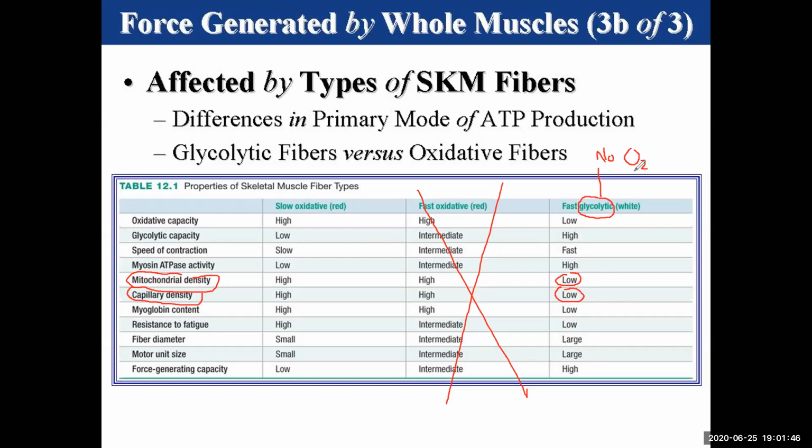If you don't have oxygen, then you don't really need proteins that store oxygen for you. Myoglobin content. That's a protein that stores oxygen in muscle, low. So if you don't have oxygen, you can't do oxidative phosphorylation.